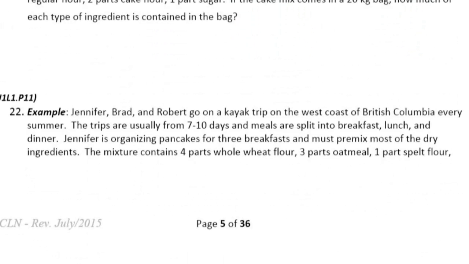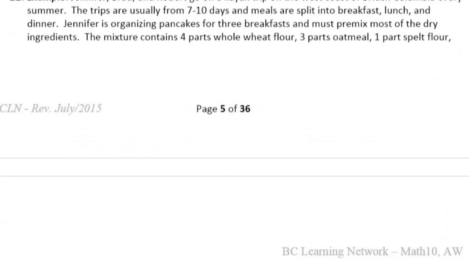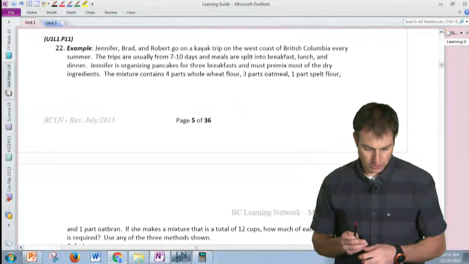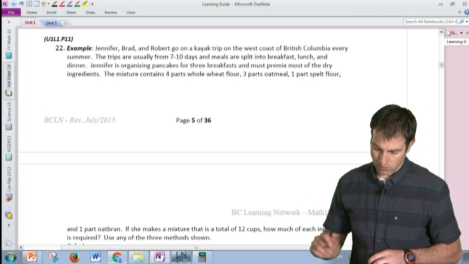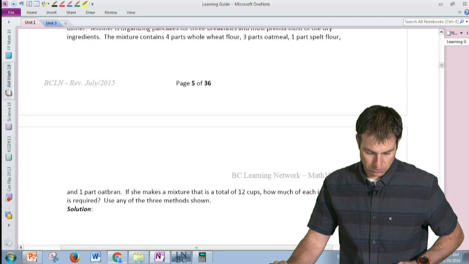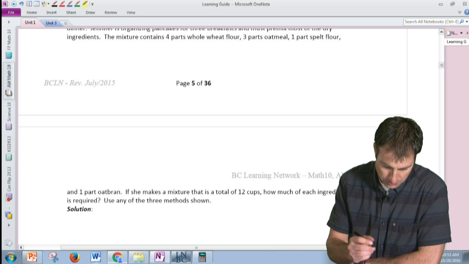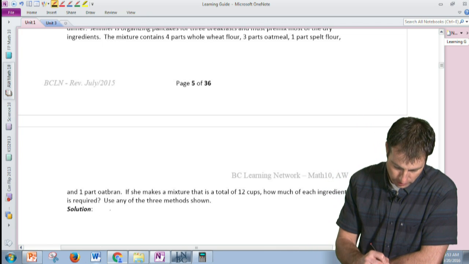All right, let's see if we can sort this out. So let's start with the total. It's going to be difficult for me to do this, not being able to see it all at once. See what I can do here. So whole wheat flour, we'll call it WW flour.